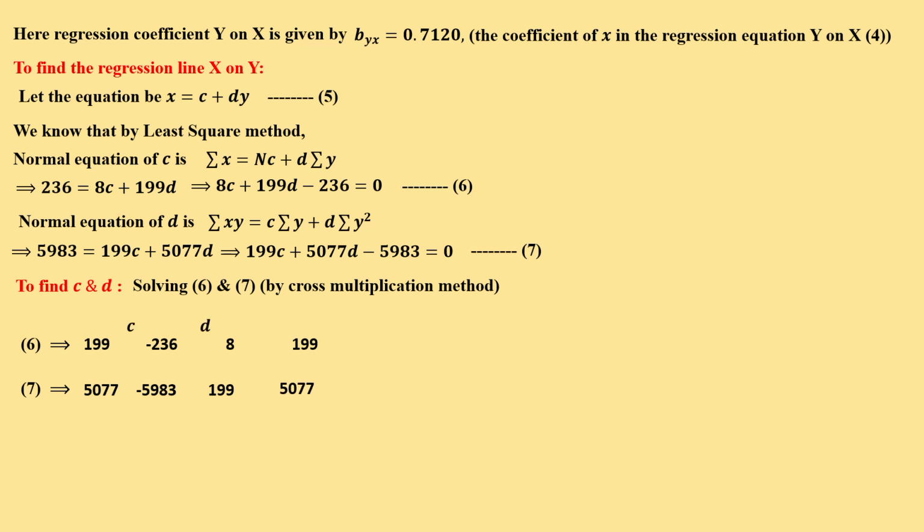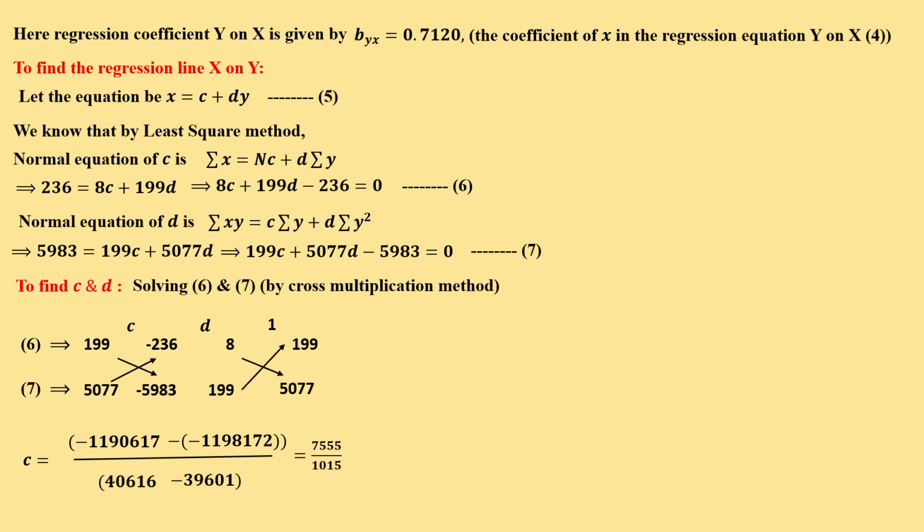C is equal to, so cross multiply and minus the second number, divided by the numbers under 1, 8 into 5077 minus 199 into 199. After simplification you will get c is equal to 7.4433.